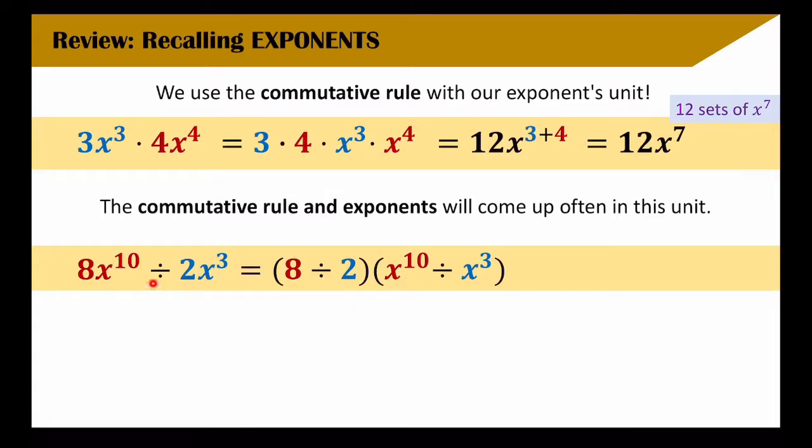Now, the division sign is keeping itself between the two values here. So I color-coded it for you. So 8 divided by 2 is 4, and x to the power 10 divided by x to the power 3 is going to be the same base with exponents, and with division we subtract. So here I am subtracting my exponents. We have 4 times x to the power 7, or 4 sets of x to the power 7.